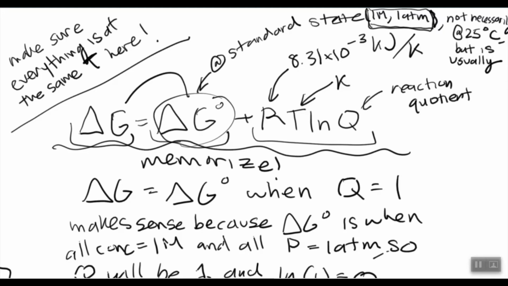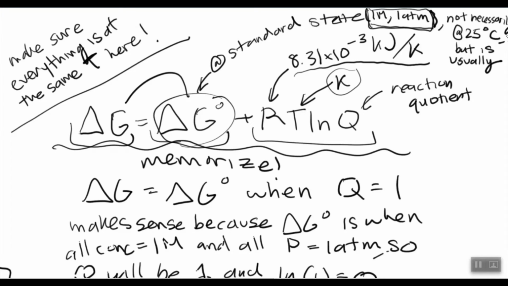And this is where the Q comes in. That Q over there actually lets us modify these concentrations and pressures to give us the delta G in different conditions. So we know that R is 8.31 times 10 to the negative 3 kilojoules per Kelvin. And yeah, so we know that T is always in Kelvin, and I think everything looks good here.